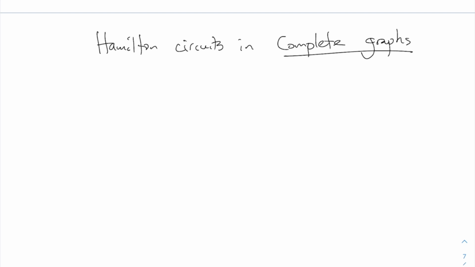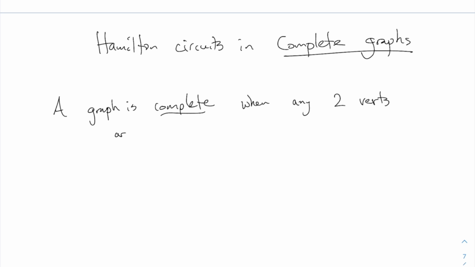Complete graphs is a special type of graph, which are very simple actually. We could have been talking about them all along, but here's the definition. A graph is called complete when any two vertices are connected by an edge.